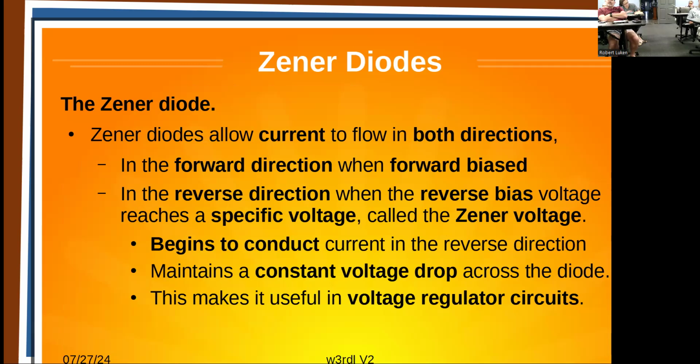If you reverse bias it, it will pass current when you get to what's called the Zener voltage, or reverse breakdown voltage. And then it appears to have almost zero resistance. We can use that as a voltage reference or even a voltage regulator, where it'll try to maintain that constant breakdown voltage.